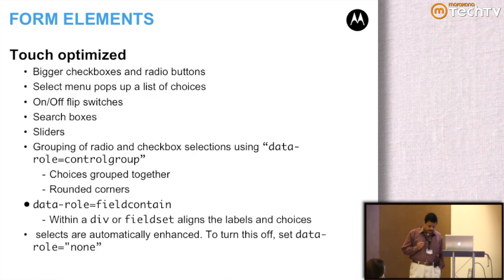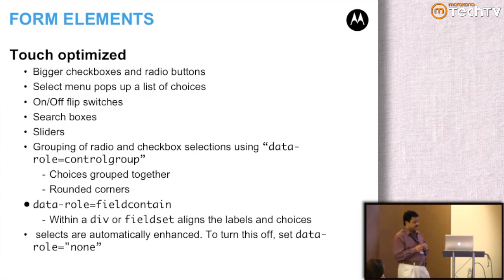So, one of the more common features of a web application or a mobile application is the ability for users to interact with your application through forms, and jQueryMobile has a lot of support for enhancing the look and feel as well as the behavior of forms, but compliant and conformant to the restrictions of a mobile device.